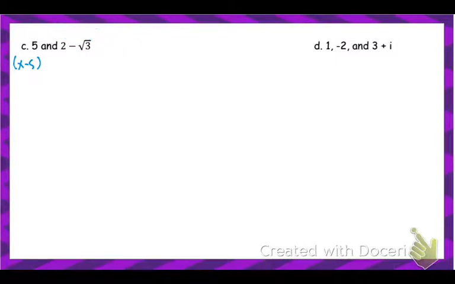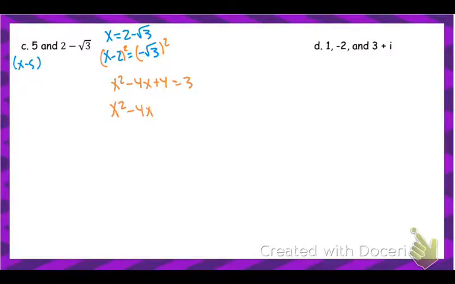But the other way that you can do this is you could say that x equals 2 minus root 3, and then you can get this moved, and then you can square both sides. So I get x squared minus 4x plus 4 equals 3. So x squared minus 4x plus 1 is the factor, basically, that leads to those two zeros.